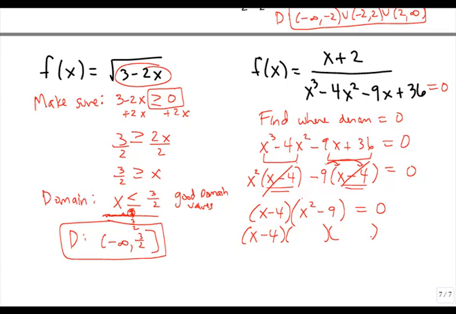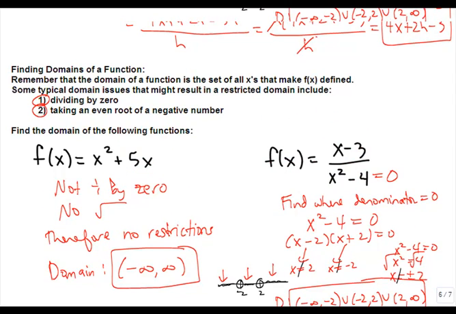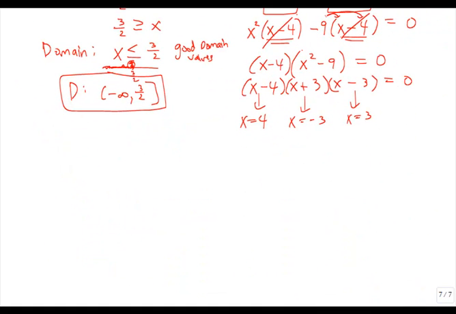So I can break this down even further. x and x, 3 and 3, 1 is plus, 1 is minus. So this factor gives me 4, this factor gives me negative 3, and this factor gives me positive 3. So on my number line, I've got negative 3, 3, and 4.